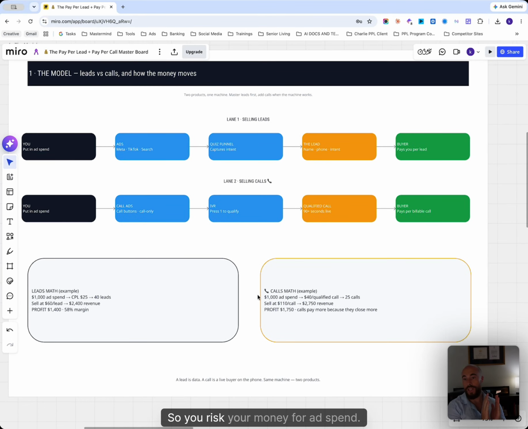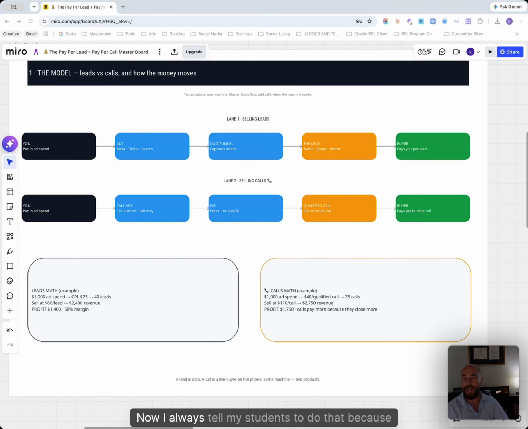So you risk your money for ad spend, you run ads on Meta, TikTok, Google, you either have a call button or a quiz funnel to capture the lead, it gets routed to the buyer, and the buyer pays you for it. Now, usually the buyer will pay you up front, if you're good at sales. I always tell my students to do that because you can't double risk your money.